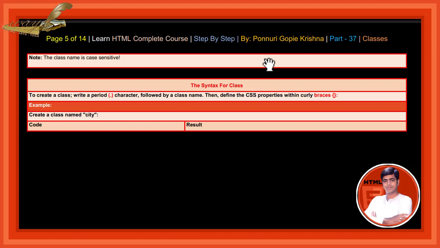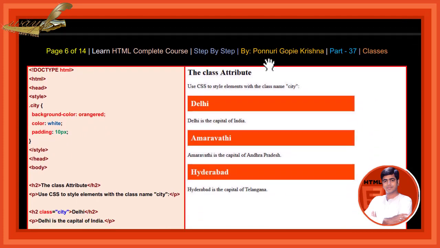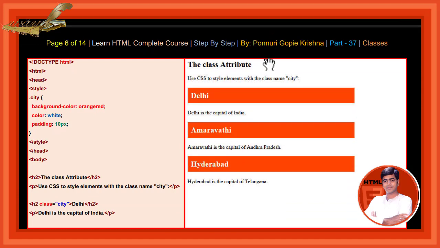The syntax for class: to create a class, write a period character followed by the class name, then define the CSS property within curly braces. See here, create a class named city. Now we are using curly braces here. City style: city, background color orange red, color white, padding 10 pixels.